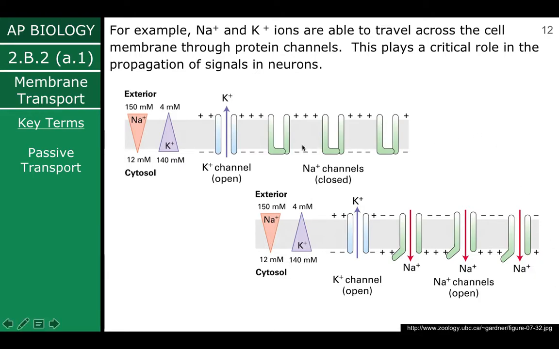So in a sodium-potassium pump, what's going to happen is we're going to have our potassium exit the cell and create a gradient here. And through that gradient, sodium is going to enter back into the cell, and this is a great example of facilitated diffusion.